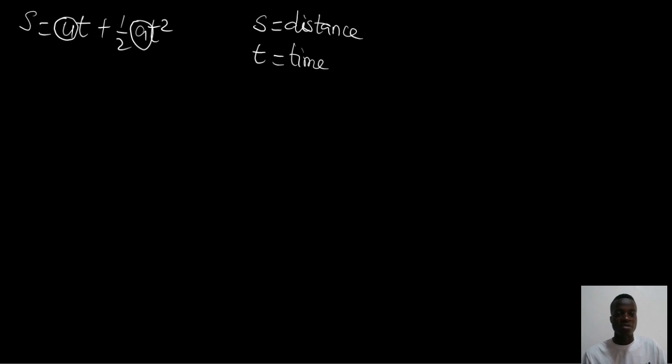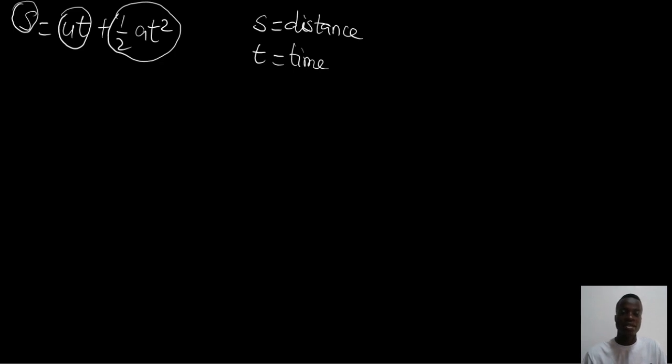I want you to look at something. You realize that in each of them, how many terms are there? On the left side, we have the S as one term on its own. And on the right side here, we have UT as one term, and then this one too as another term. We also told you where to go and understand what terms are. So now I hope that by now you know what a term in a particular equation is.